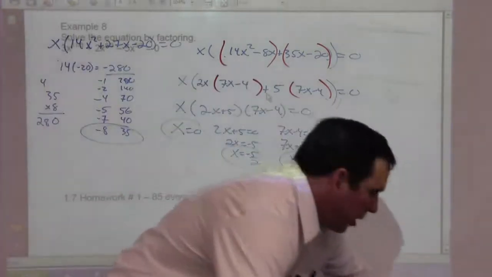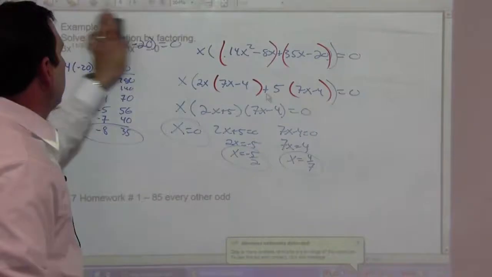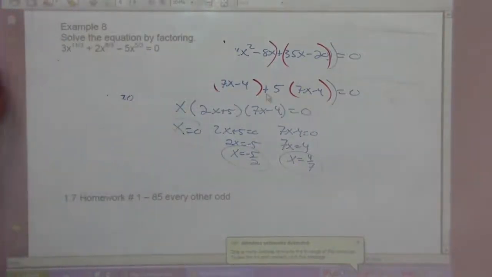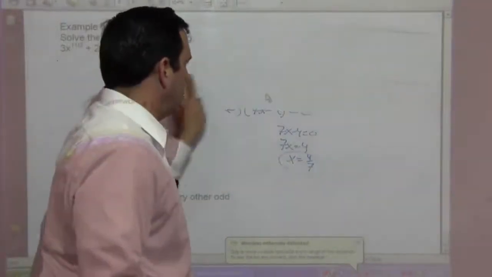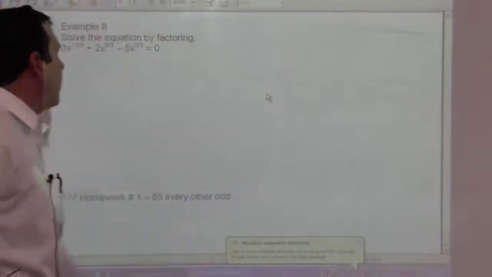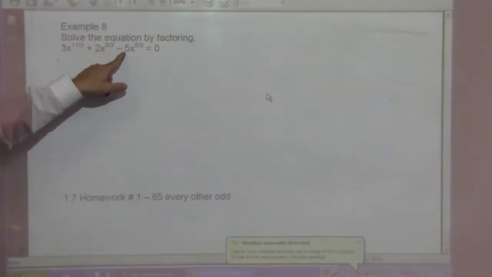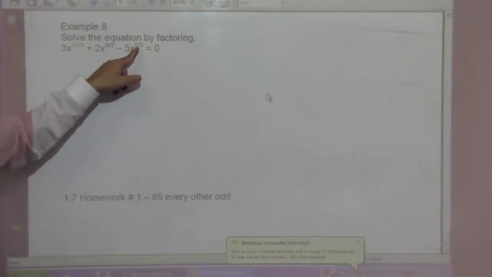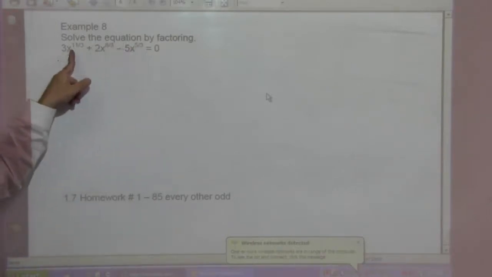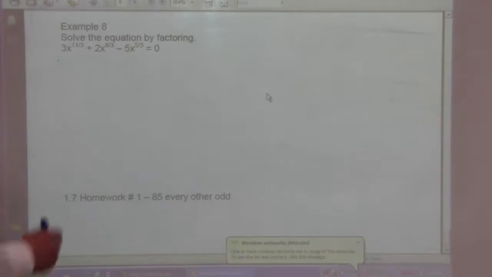This one says, solve the equation by factoring. Okay, now we have 3x to the 11 thirds plus 2x to the 8 thirds minus 5x to the 5 thirds. So what is the smallest power on x? It's x to the 5 thirds.